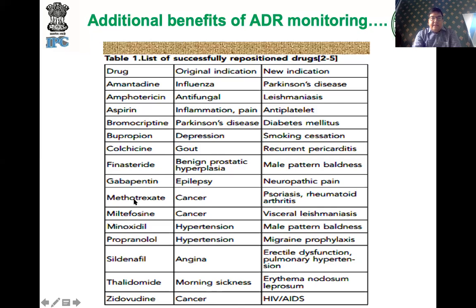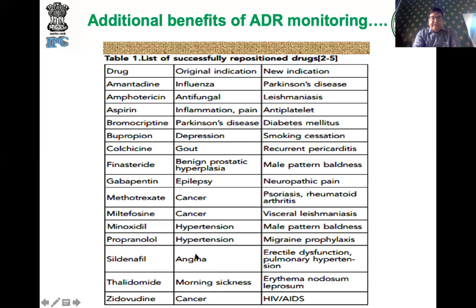Okay, so similarly, n number of drugs came into existence, like methotrexate, which was actually an anti-cancer drug, which was later used for other indications.